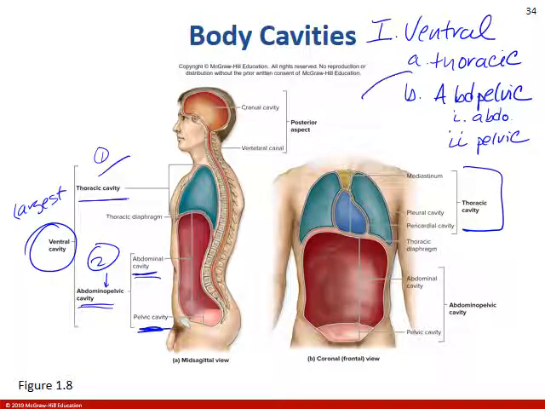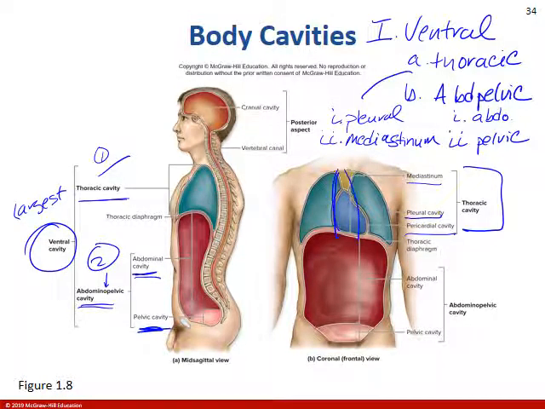This one would be a little more complicated, right? You're going to have pleural cavity, and then you're going to have mediastinum. Mediastinum, middle sternum, that's where that name comes from. And then you're going to have pericardial cavity.